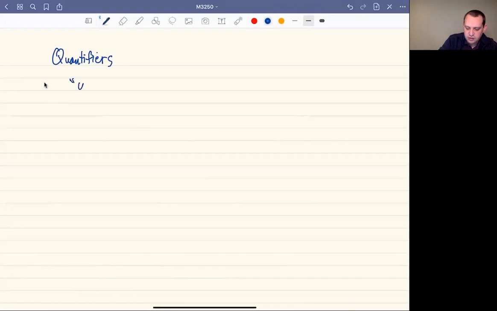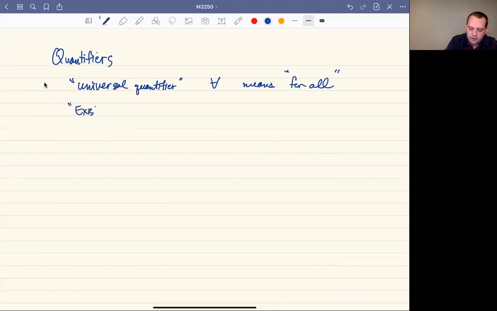There's what's called the Universal Quantifier. And the Universal Quantifier is an upside down capital A, and this means for all or for every. Okay, so this means for all. There's also the Existential Quantifier.